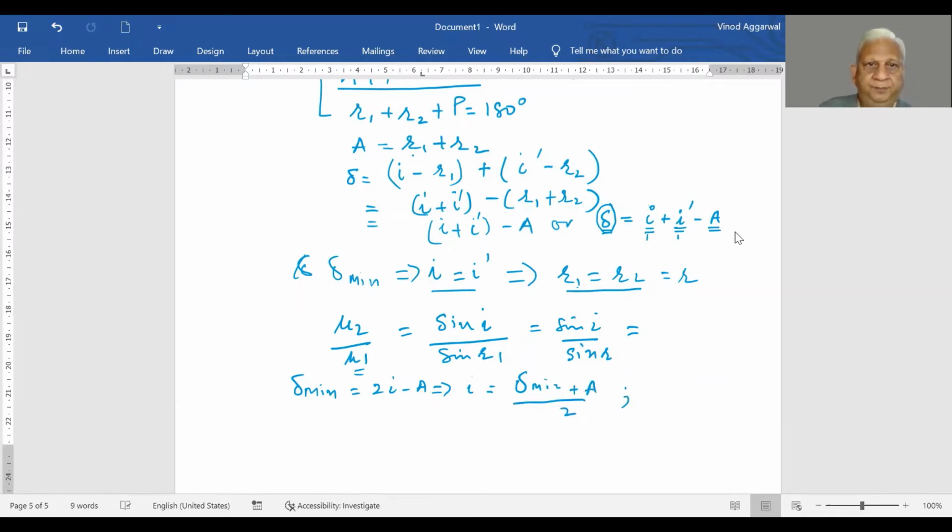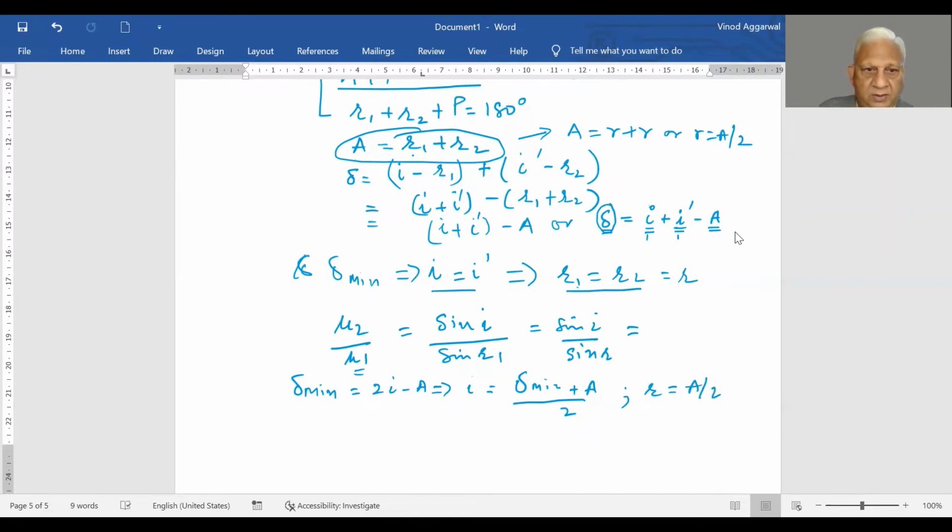Similarly, R1 plus R2 is A. Since R1 and R2 are same, we can also write A is equal to R plus R, or R is equal to A by 2. So R is equal to A by 2. We substitute these values here.